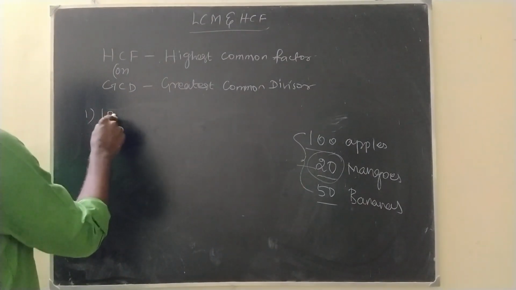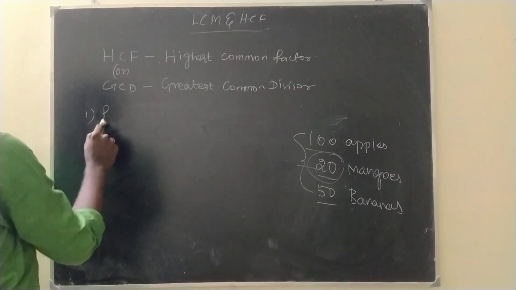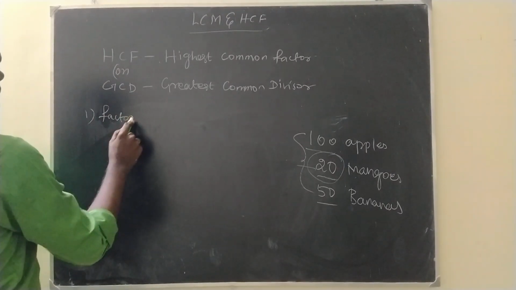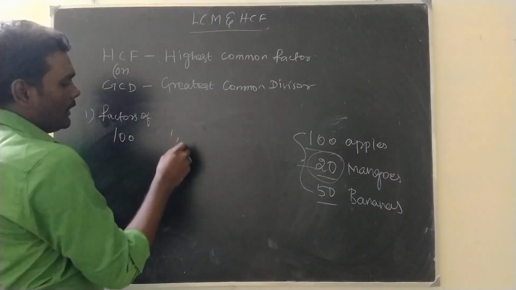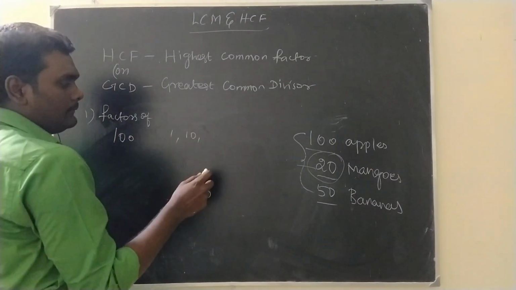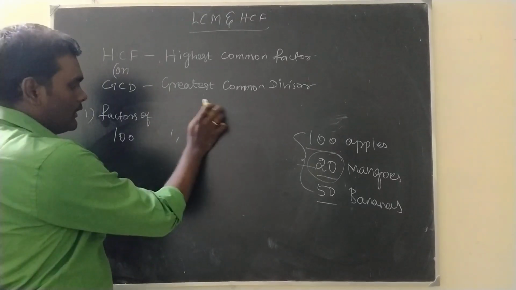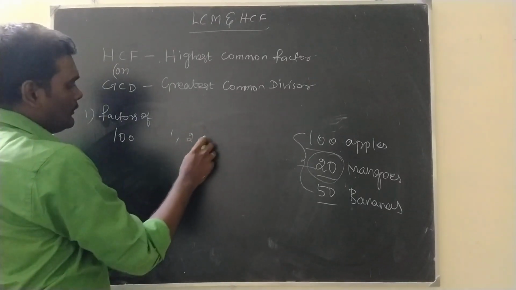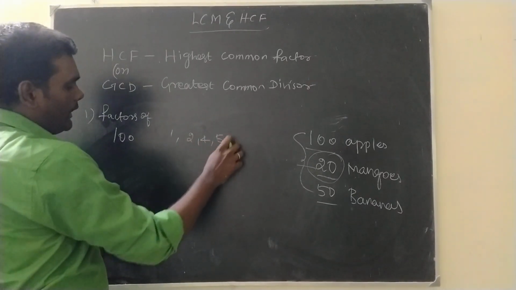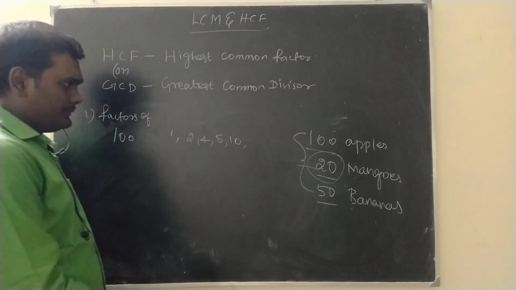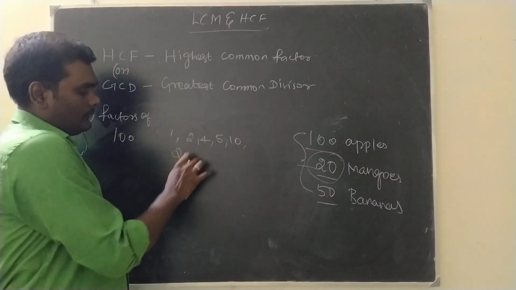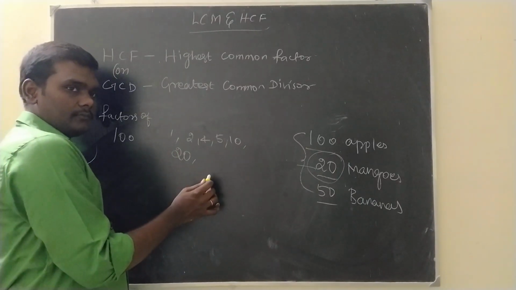List out all the factors of 100. Factors of 100 are what? 1, 10, sorry, not 10. 1, 2, 4, 5, 10. After that, 20.